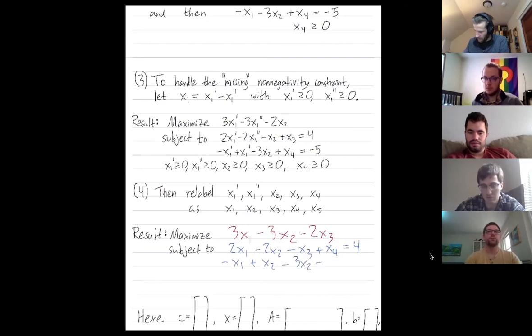Oh, that should be an x3 because it got relabeled. Plus x5 is equal to negative 5. And all of the variables are non-negative.